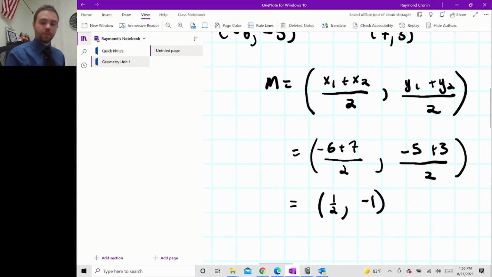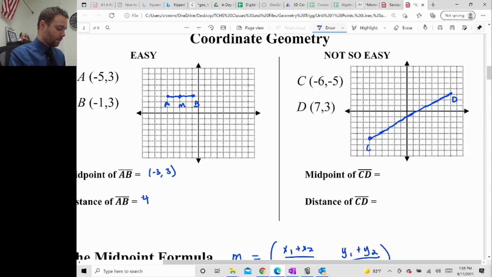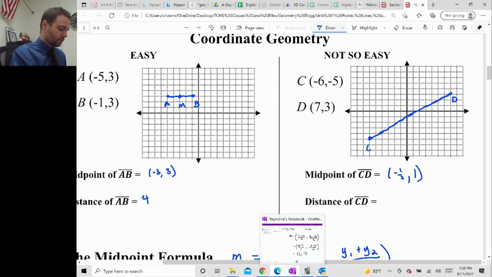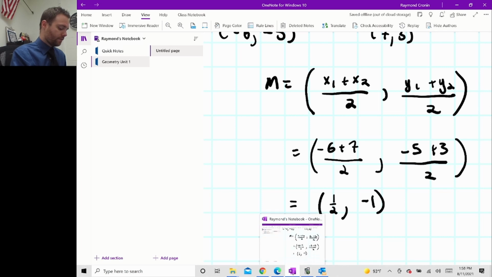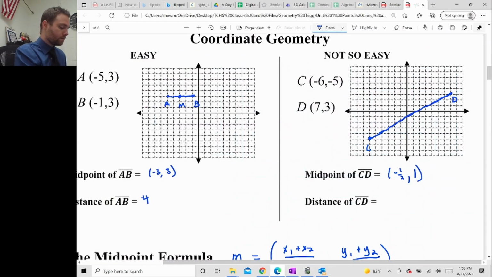If you need to go back and pause the video, you can. It's negative 1/2, 1. No, other way around, right? Check my work. Positive 1/2, negative 1. My mistake.